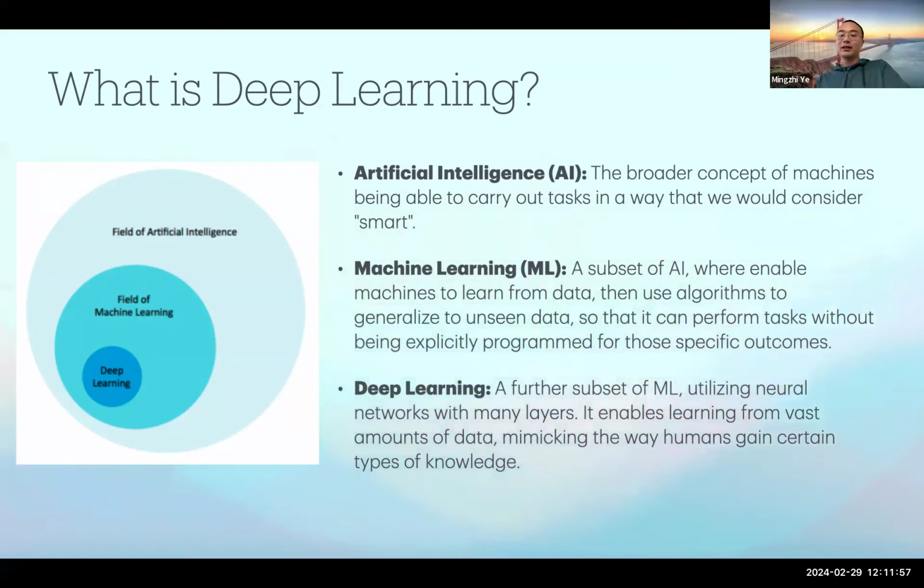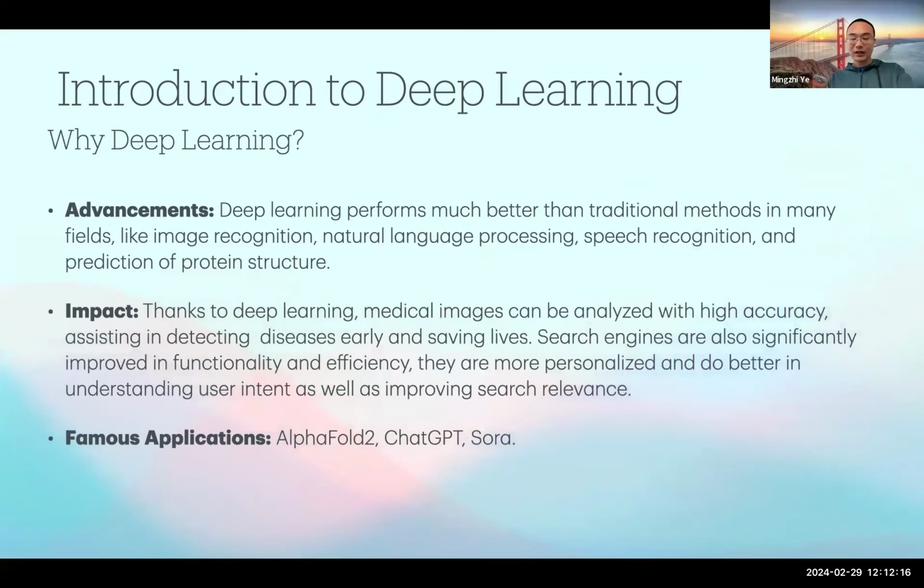The symbol of it is utilizing neural networks with many layers. It enables learning from vast amounts of data and mimicking the way humans learn certain kinds of knowledge. And there's another thing that's quite similar to the human brain: we don't know how the information flows or is processed in our brain or the cerebral cortex.